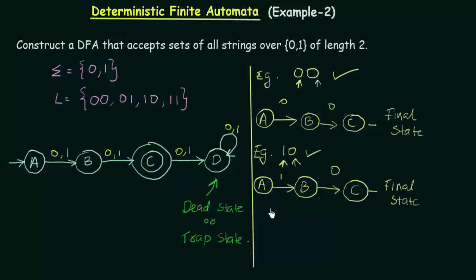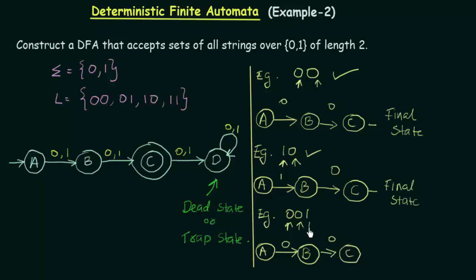So far so good. Okay, now let's check for a longer string, which is 0, 0, 1. Let's see if this will be accepted or not. Again, I start from my initial state A. First input is 0. In A, if I get 0, it goes to B. And the next input I get is again 0. So when I get the input 0 in B, it goes to state C. Right?